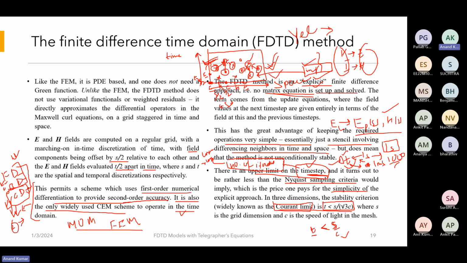So the discretization in time should be smaller than the discretization in space divided by the velocity of light, or the velocity of the wave in that media. This is the limit, and due to this limit, we have to run longer. I'll pause over here and take questions on this.